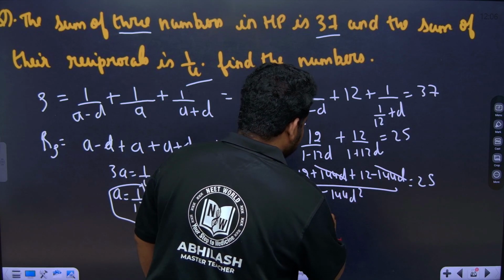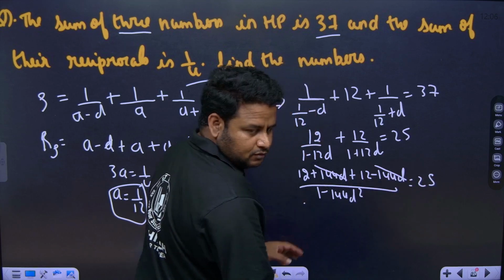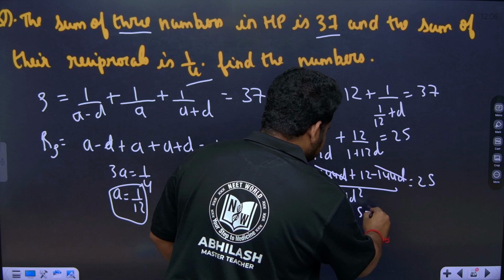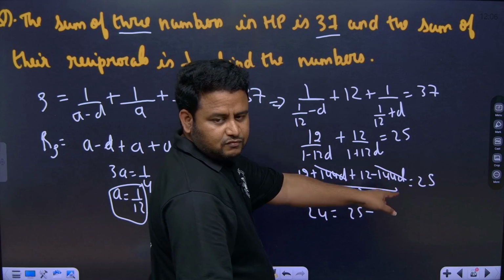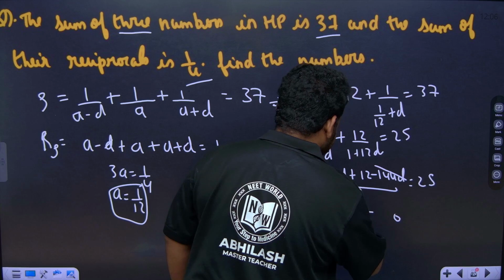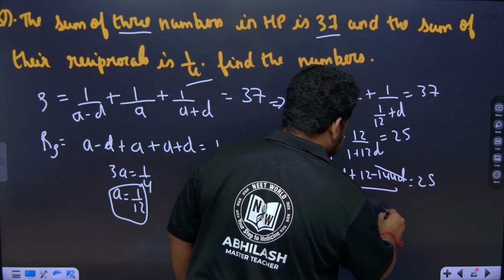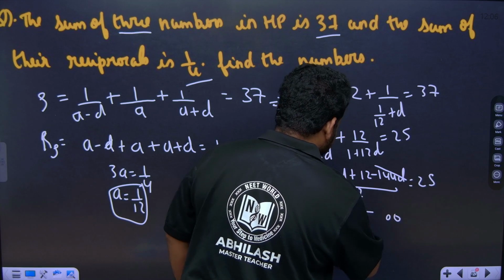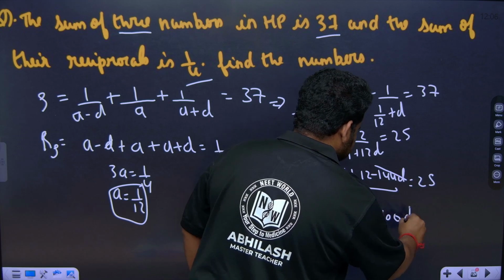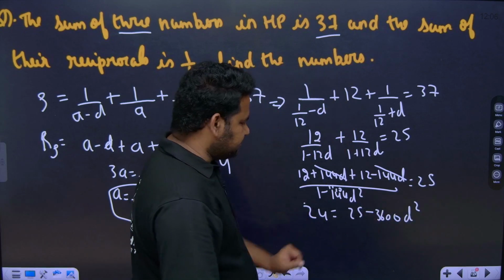So 24 is equal to 25 into 1 minus 144 d square. 25 into 144 is how much? 25 fours are 100, 25 ones are 25 plus 11 is 36. Clear? Yes, this much we got.